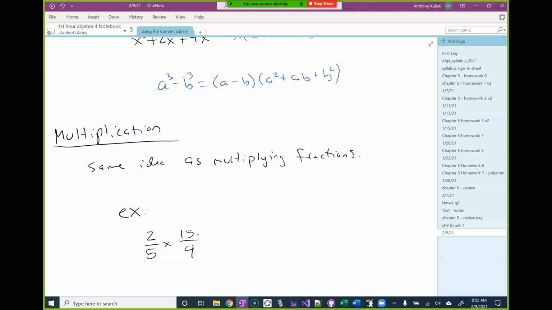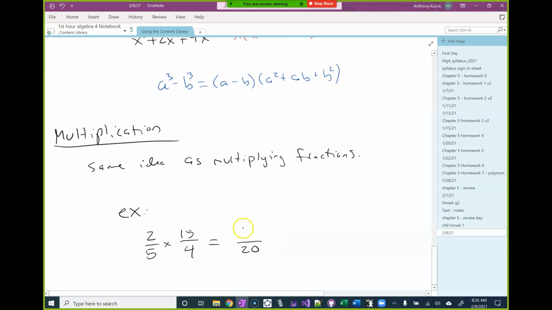You just go straight across, right? So 2 times 15, and then 5 times 4. Everybody's okay there? What do you still have to do, though, here? Oh, yeah, thank you.